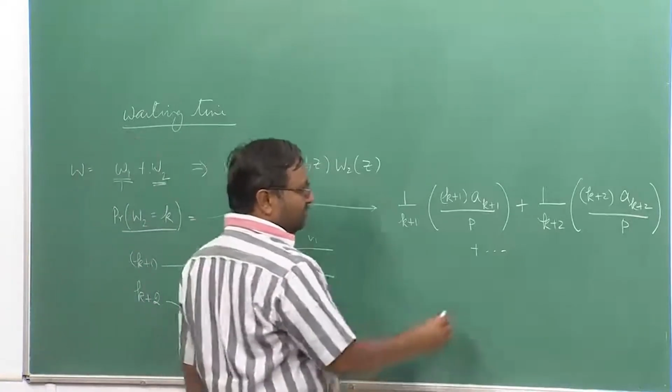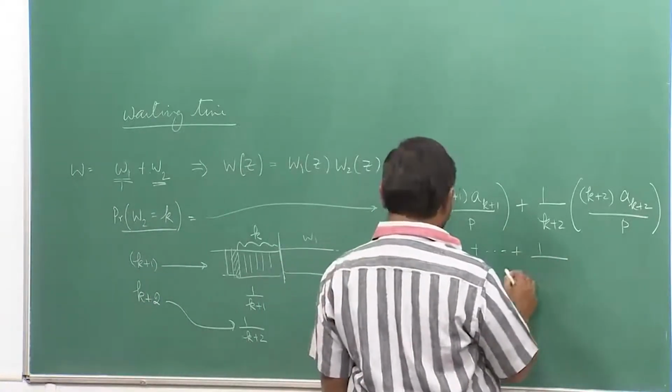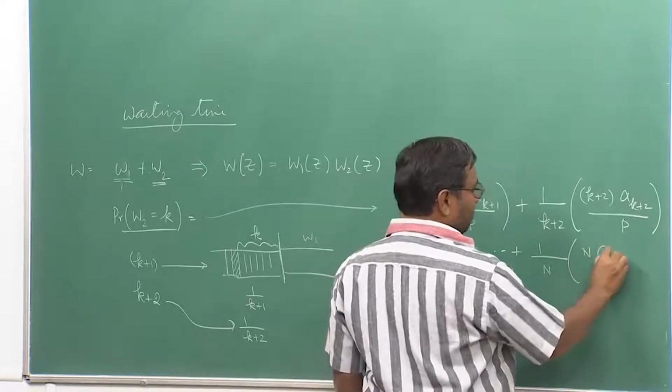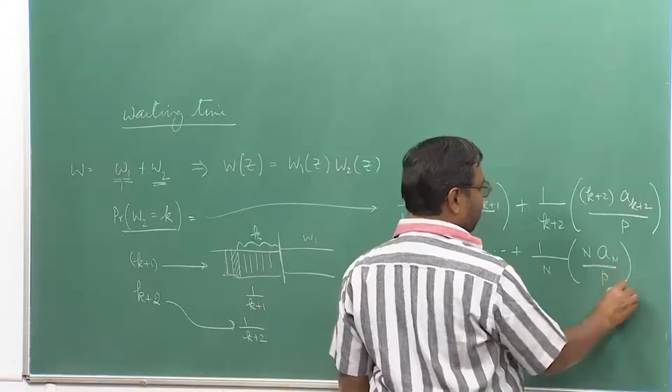So, the last expression will be 1 over n, A n by p.